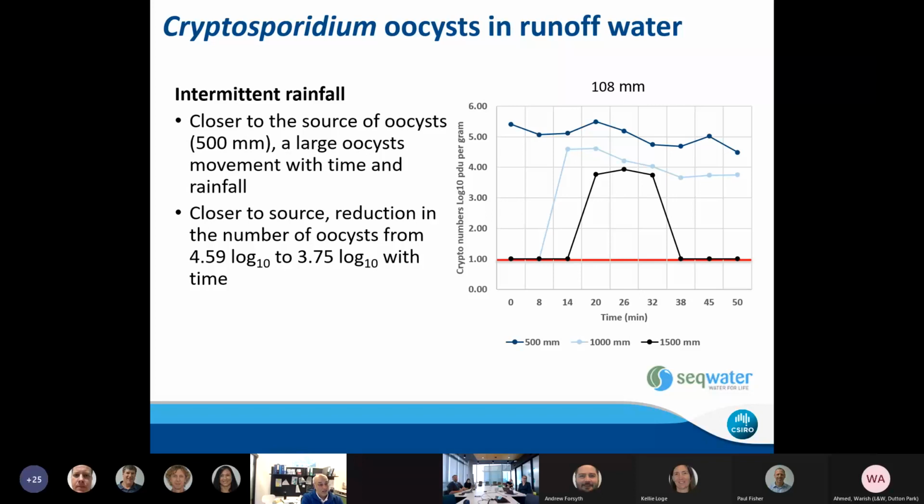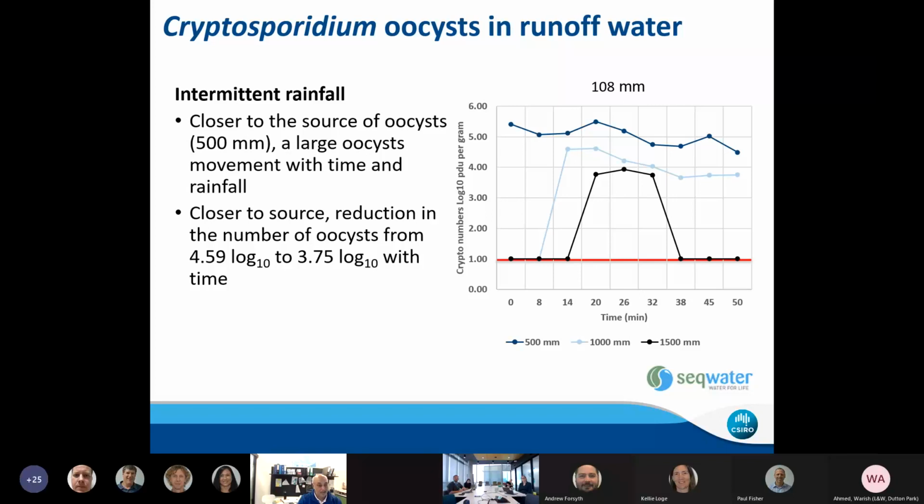Whereas if you look at the 1000 mm side, it took about 8 or 10 minutes or thereabouts for first indication of Cryptosporidium there. And then there was also a regular sort of bleed thereon. Reminding you that we were applying this rainfall over a 1 meter block. What that led to was slow release of Cryptosporidium and a complete runoff for the next 500 mm.